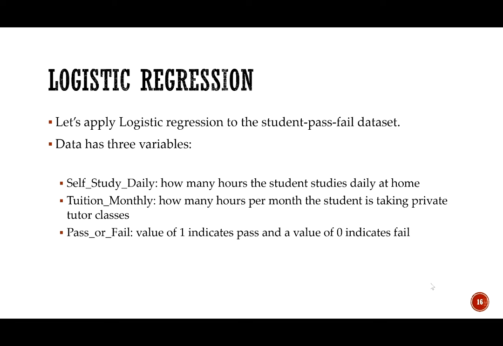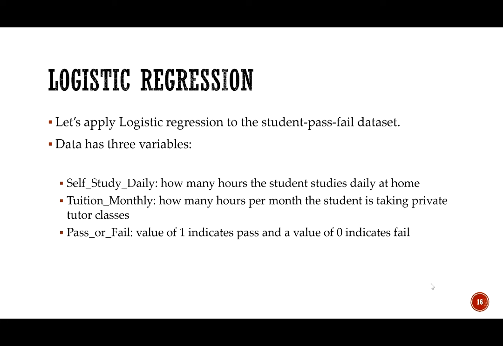Now let's apply logistic regression to the student pass-fail dataset. I have already uploaded this dataset to Canvas. The data has 3 variables, and it's from the UC Irvine Machine Learning repository. The first variable is self-study daily, which indicates how many hours the student studies daily at home.